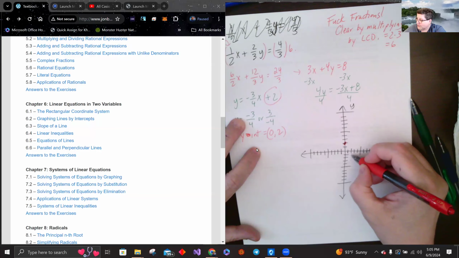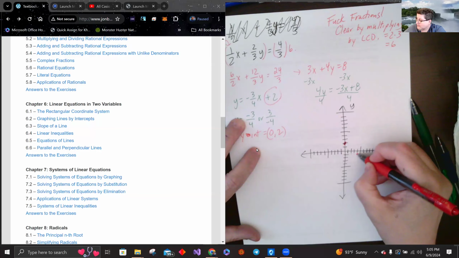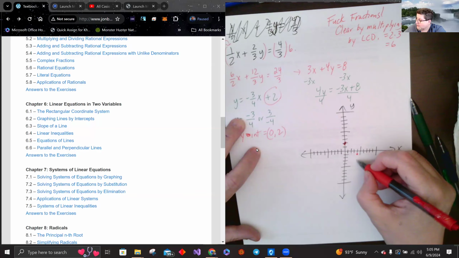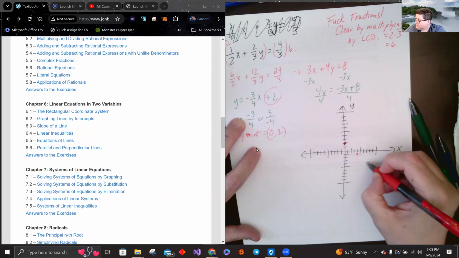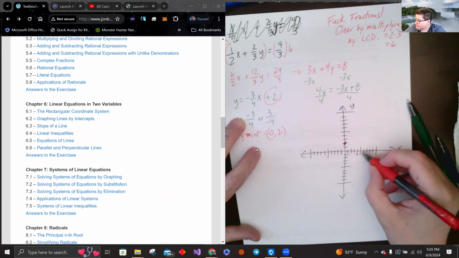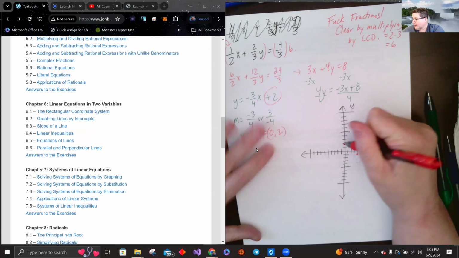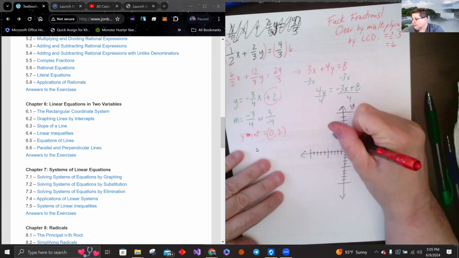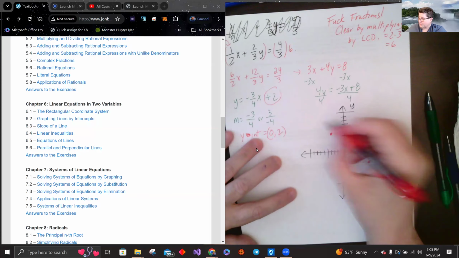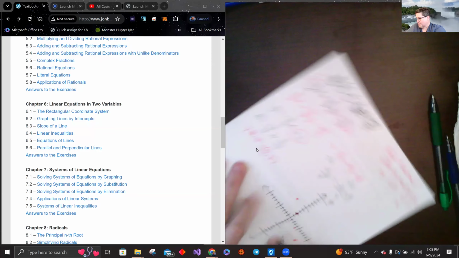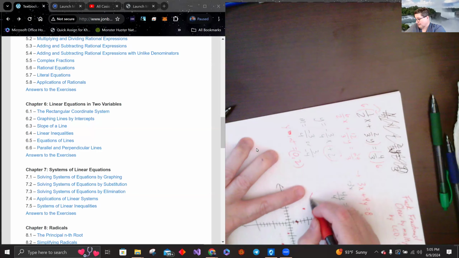Run of 4 is right there. If I do the 3, negative 4, it's up 3 and left 4. So I'm going to turn this sideways real quick because it's easier for me to draw a straight line going away from me or towards me.